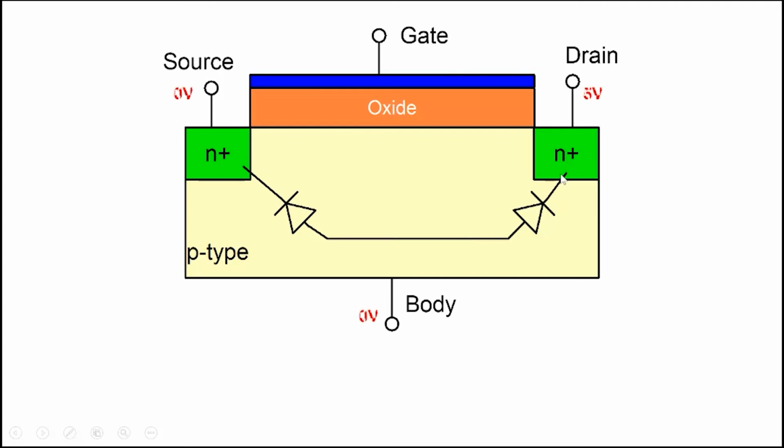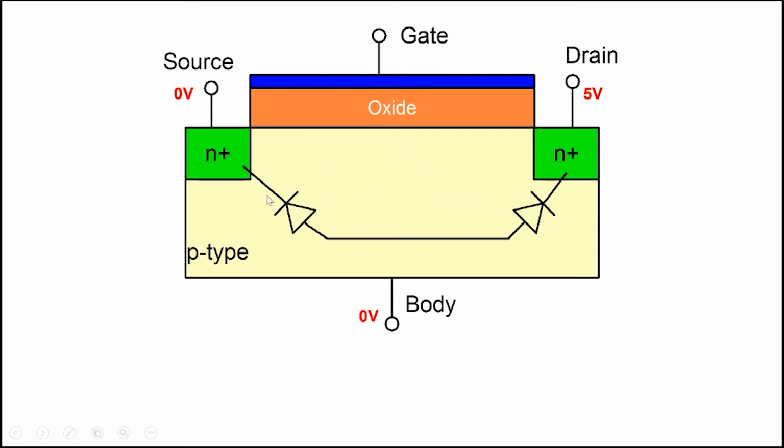And therefore, when we apply a voltage, we'll not bother about the body. We'll assume that body is at the same potential as source and connected to ground. So the only possibility of current that can flow is, obviously, gate, no current can flow because it's an oxide. So gate current is 0. And body is shorted to source and no current flows in the body also. And the possibility of current is only between source and drain here.